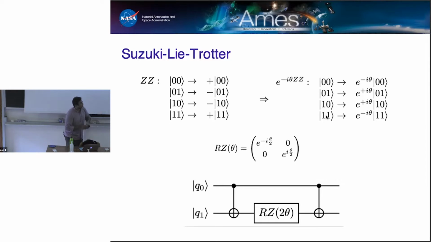And now I apply RZ of 2 theta. What that means is that it's going to give an e to the -i theta phase to wherever I see a 0, which is going to be here and here, because remember I've applied the C naught. And that gives precisely the phase that I'm looking for. And it's going to give a phase of e to the +i theta to the 1 state, which is going to be here and here, because again, I've applied a C naught.